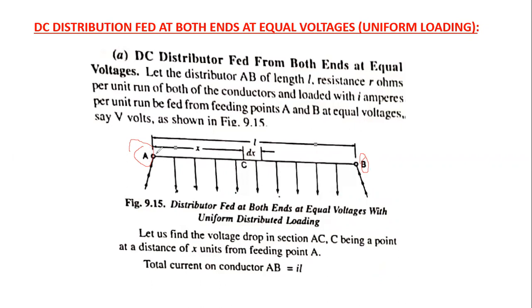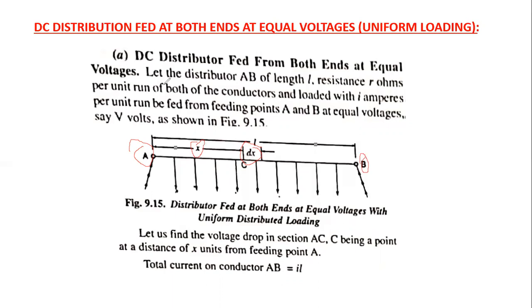From the point A, we are taking the distance x meters from the point A, and then we are considering a small distance, that is the dx value. That will be taken at a point C. The distance from A to C is x meters.